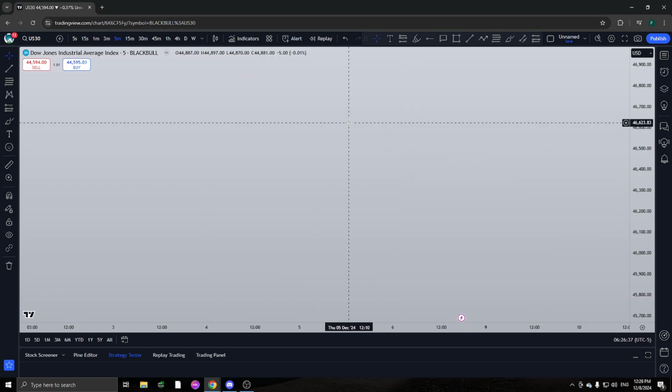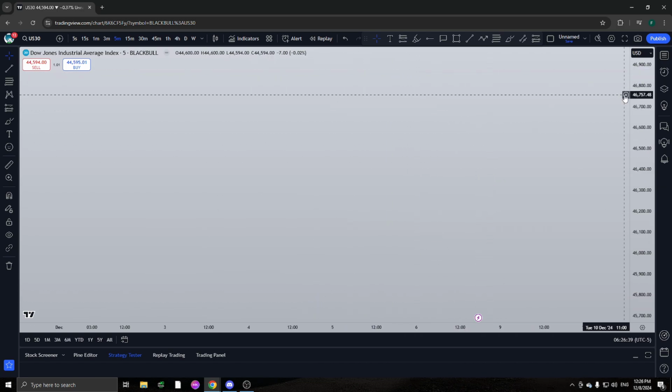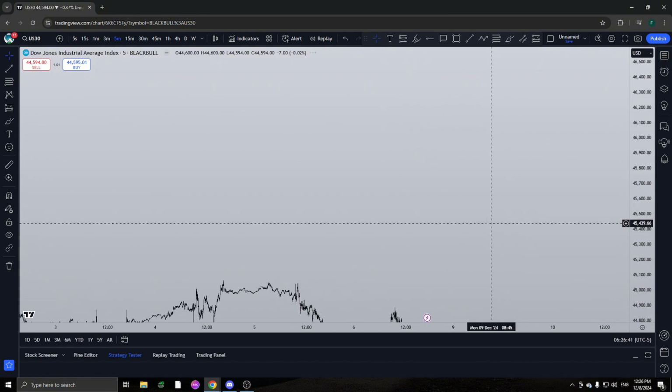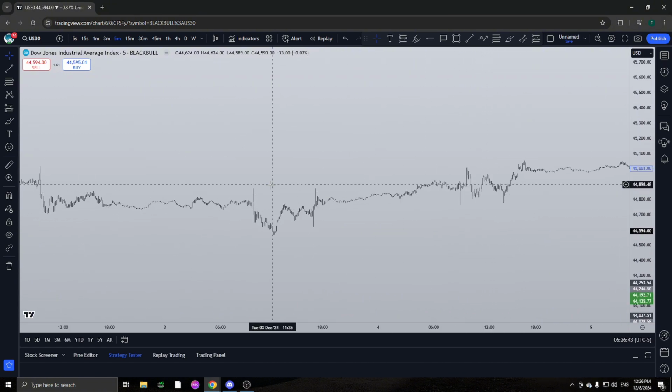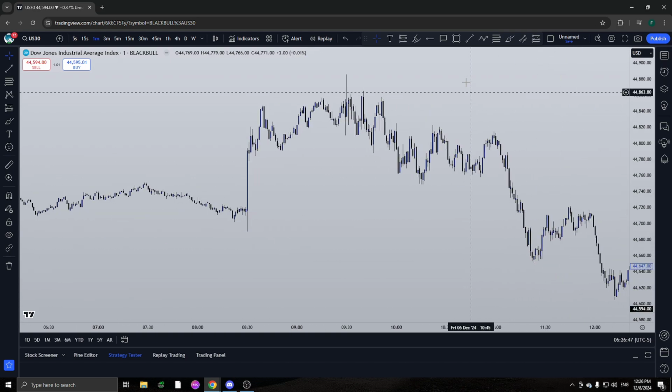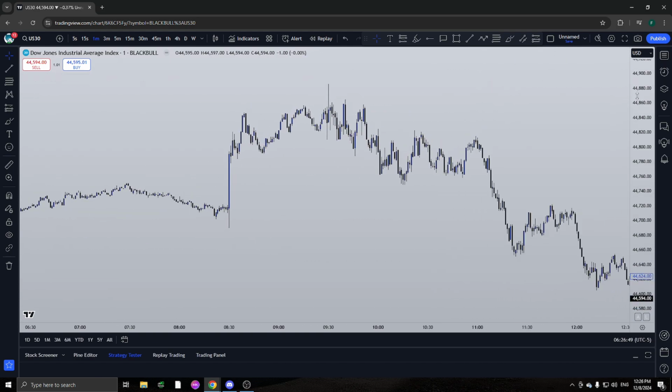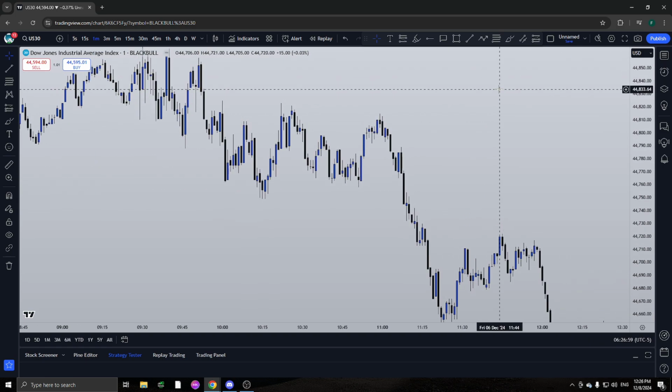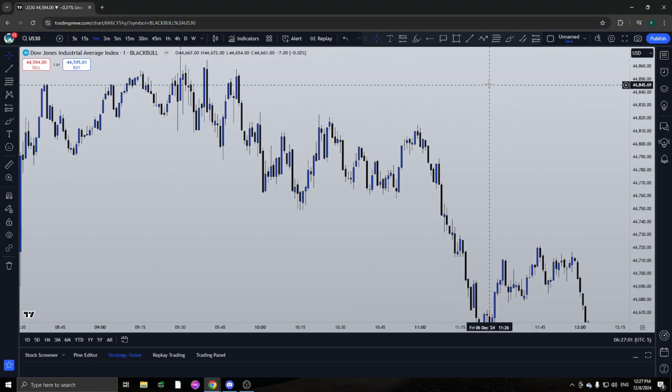What is liquidity? Liquidity is basically the money in the market. So if I can get a nice example on the US 30, please. And what does that mean exactly? When people buy, banks, and anyone who buys or sells, there's a certain point where they enter.